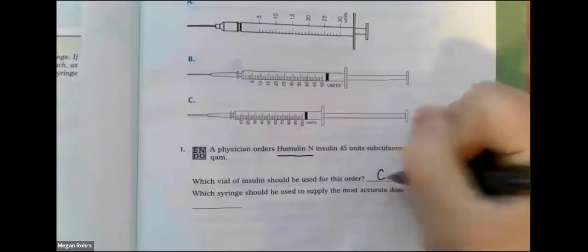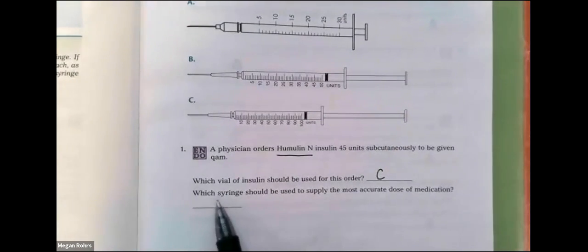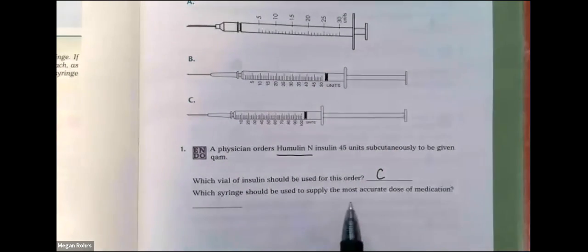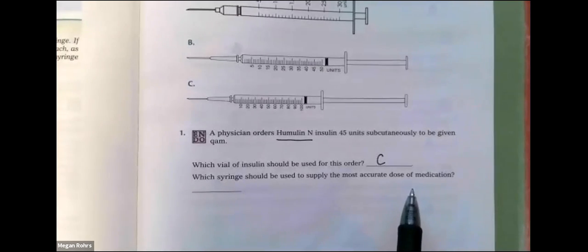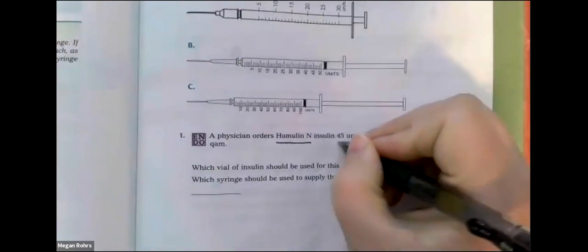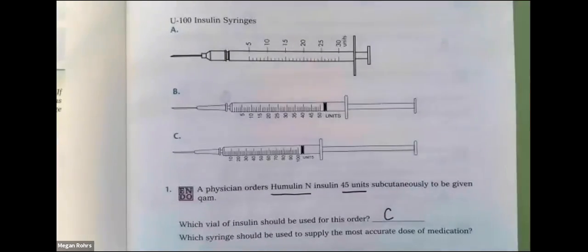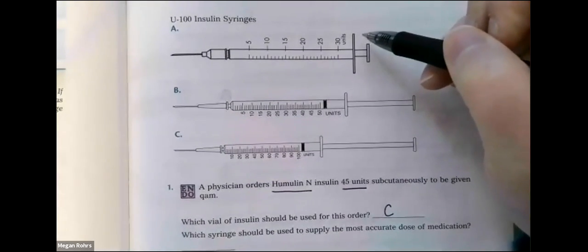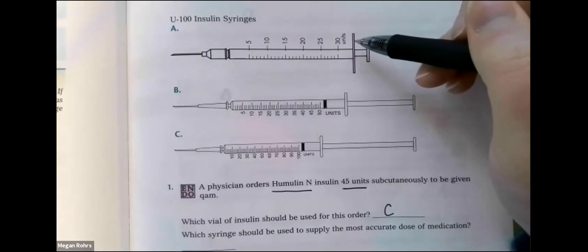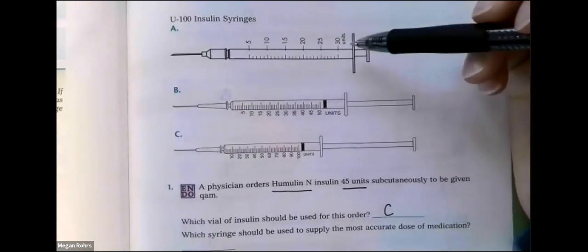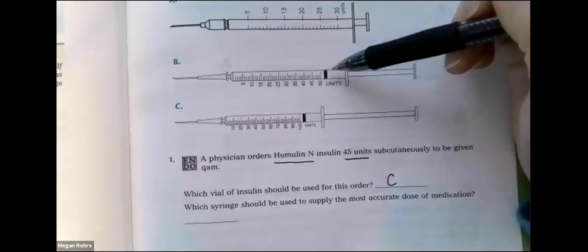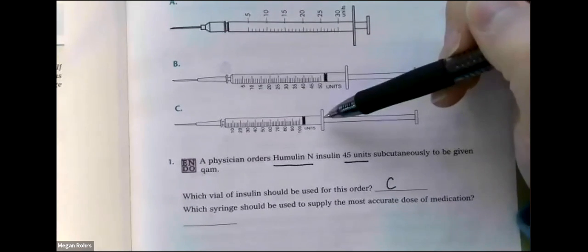Now, which syringe should be used to supply the most accurate dose? Well, we need 45 units each time. If we look at these syringes, we have a 30-unit syringe. Well, 45 units would not fit in there, so we would not choose A. And then we have a 50-unit syringe and a 100-unit syringe.